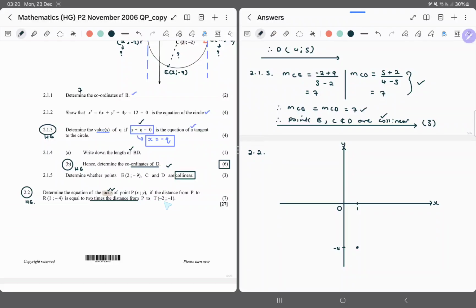And then we go on and sort the other one. This is point T, which is a point in the 3rd quadrant. So if we said this is 1, maybe over here, looks a bit far. I think that's 1. I think that would be 2. So this is minus 2. And then we're taking minus 1.